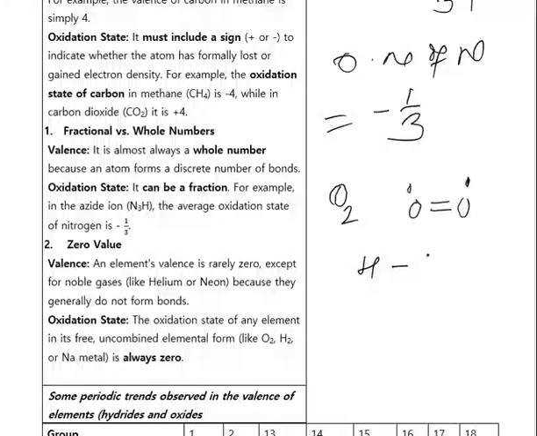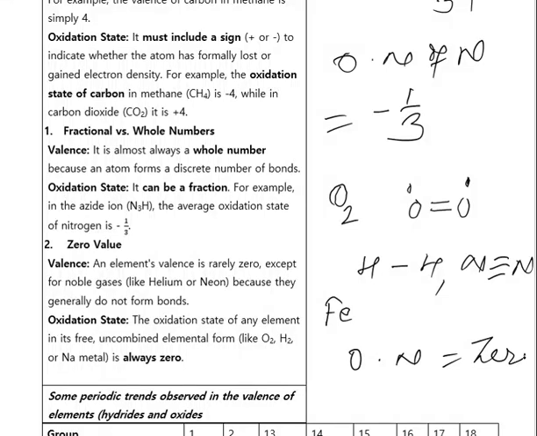Similarly in H2, similarly in N2, or such types of molecules which are free or same-atom molecules. What is the oxidation number of iron in its free state? You will find the oxidation number in all these cases is 0. These are the points we must understand.